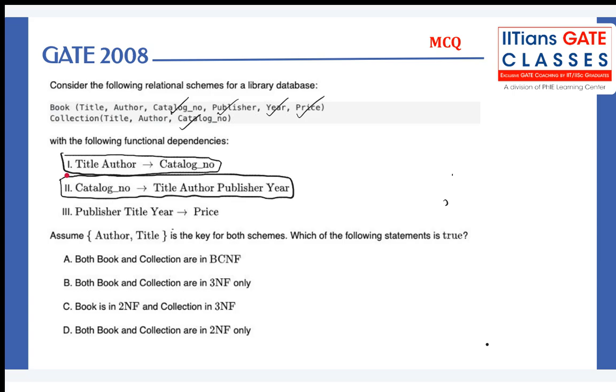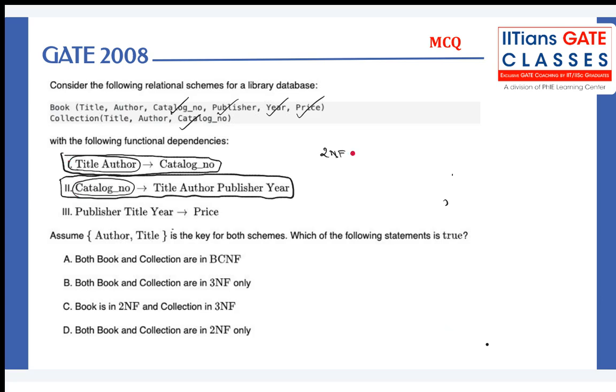So is the table in 2NF? The key of this table is author title, right? Here I have author title. This is not a proper subset. And here I have a non-prime attribute, which is okay. So the table is in 2NF.